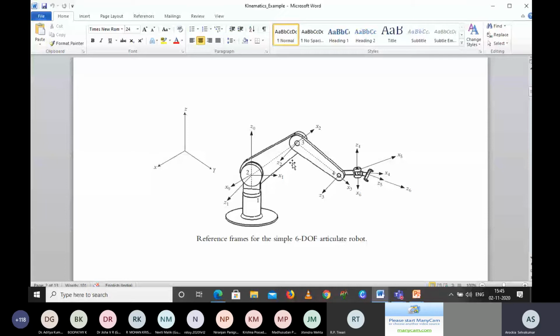Z1 and Z2 are rotating about the same direction. When you come to the third one, Z3, you can see that Z1 and Z2 are parallel, and Z2 and Z3 axes are parallel. That means joints 1, 2, 3 have parallel Z axes. That is, rotational and rotational joints.